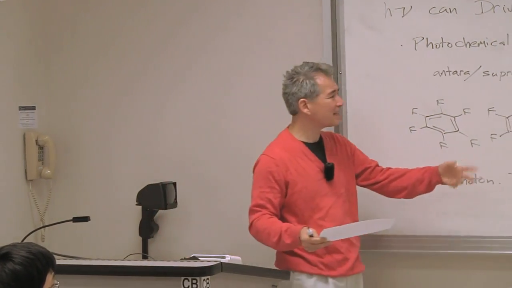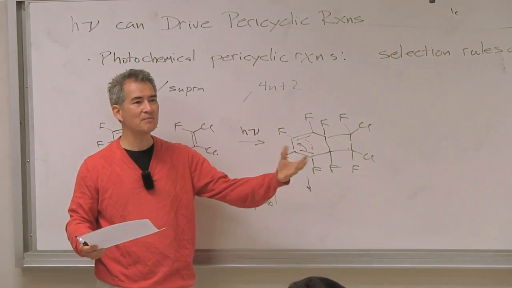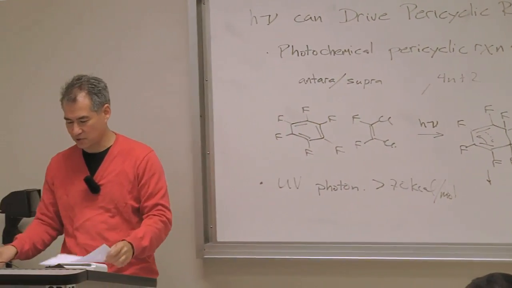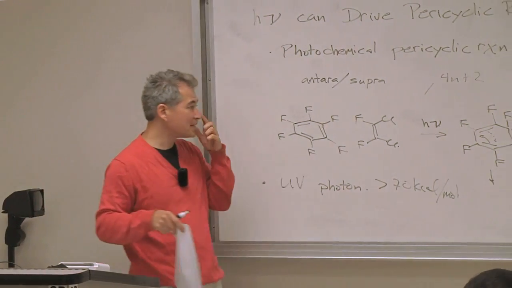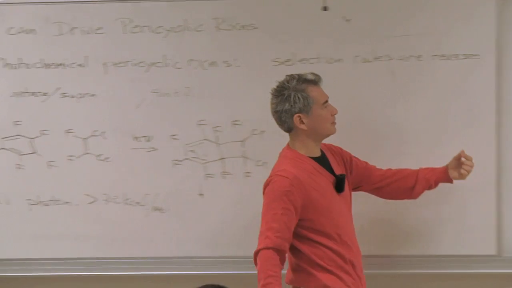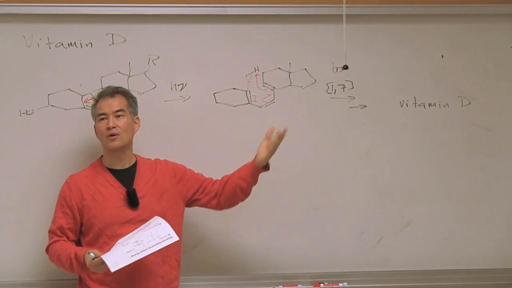How do you know when you're going to get electrocyclic ring opening or ring closure? There must be some set of rules that tells you what light is going to do or what heating substrates is going to do. And in order to understand whether we're going to get cycloaddition or ring opening or 1,7 sigmatropic shifts, we're going to have to look at the molecular orbitals.